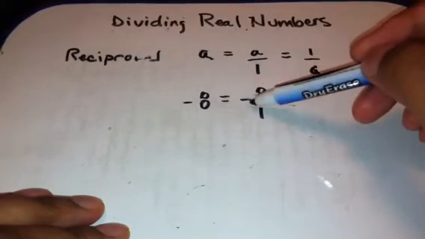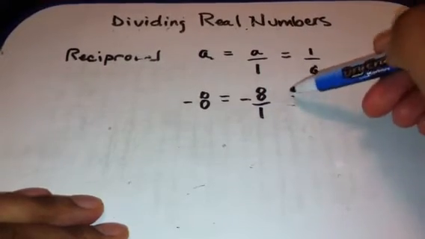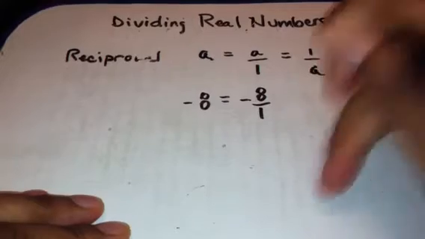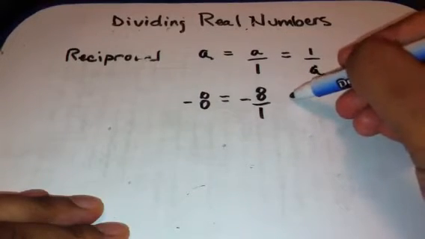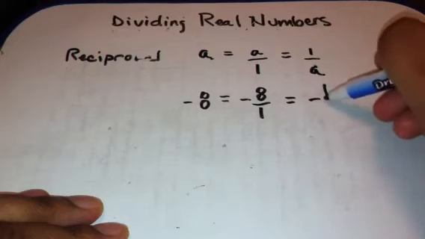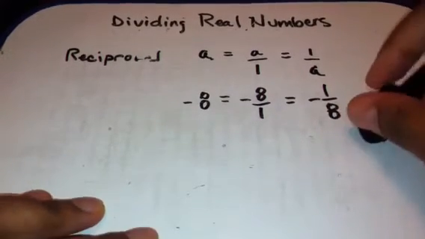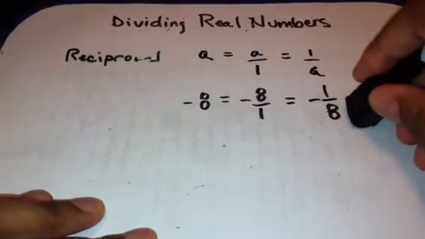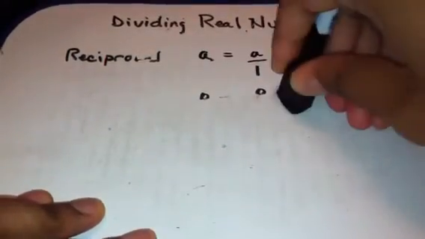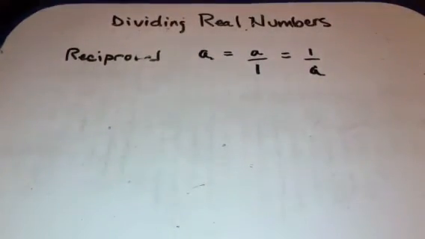You can write it a little bit lower so that it's even with the line if you want to signify that. And the reciprocal of the fraction negative 8 over 1 is negative 1/8.